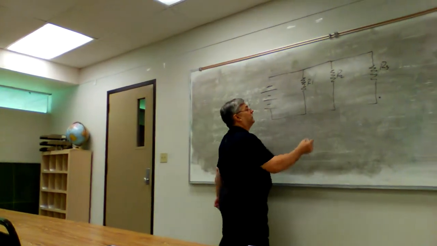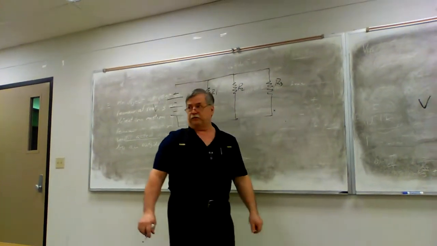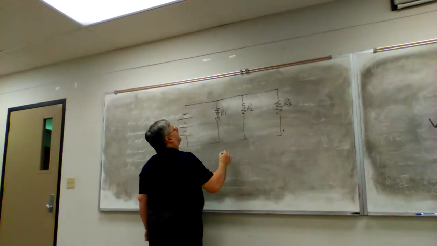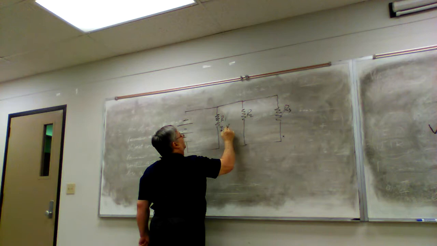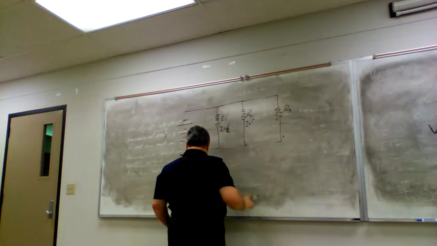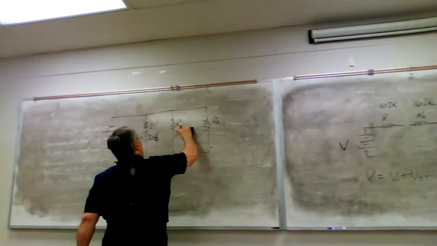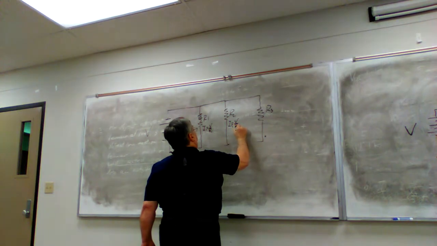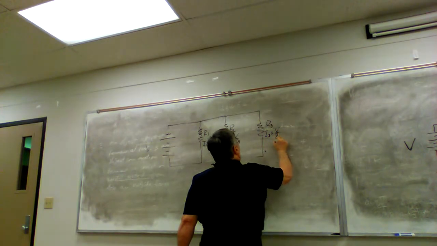Same as the source voltage. Same voltage across R2 and the same voltage across R3. How much current is flowing through R1? Same here. I2 is equal to the source voltage divided by R2, and I3 is equal to the voltage divided by R3.